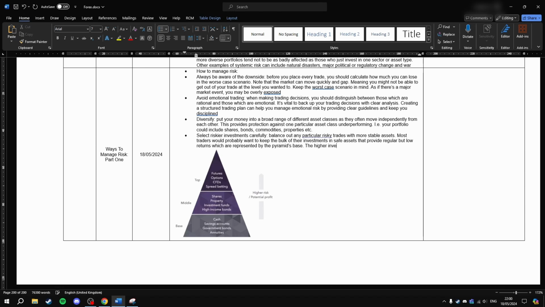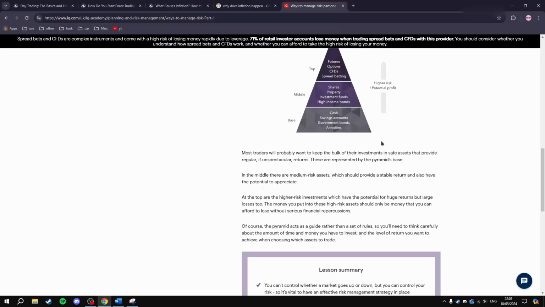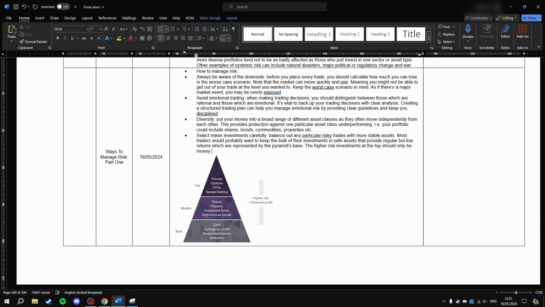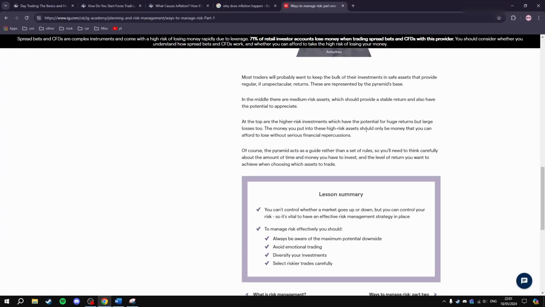The higher risk investments at the top should only be money that you can afford to lose without serious financial repercussions. Of course, the pyramid acts as a guide rather than set rules, so you need to think carefully about the amount of time and money you have to invest, and the level of return you want to achieve when choosing which assets to trade.